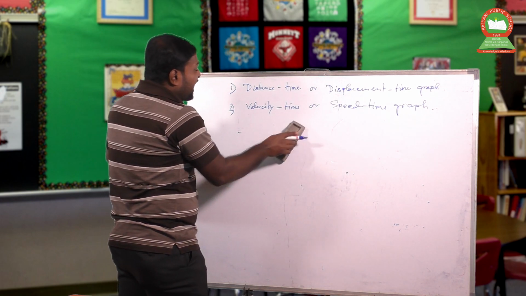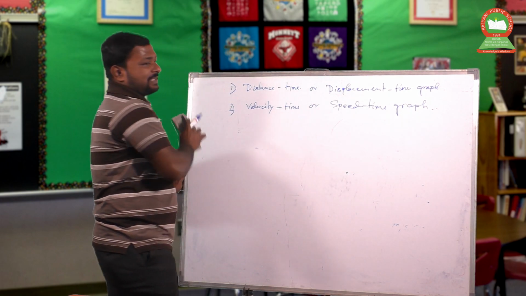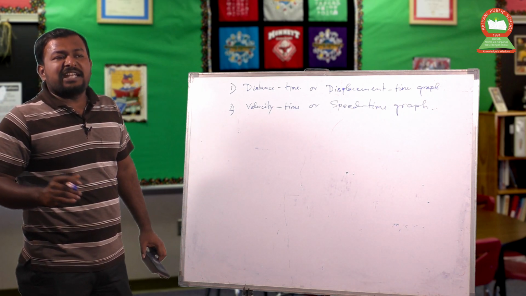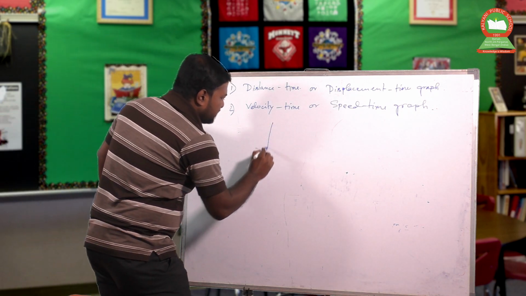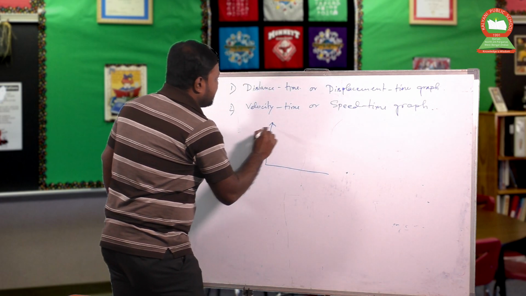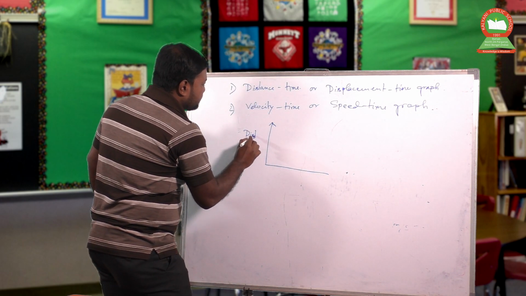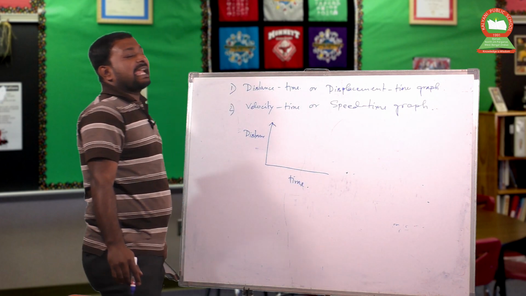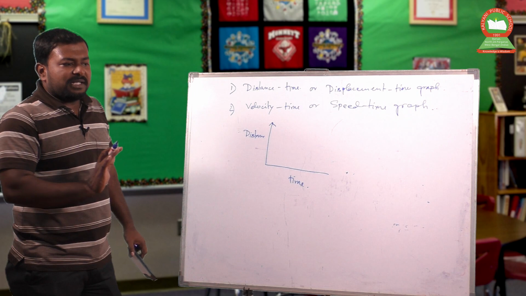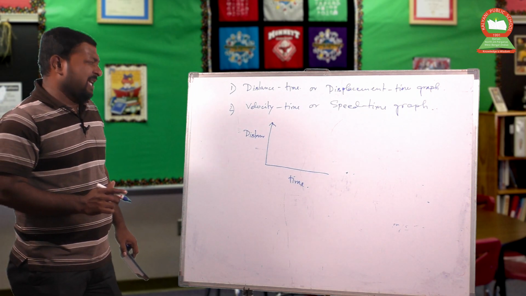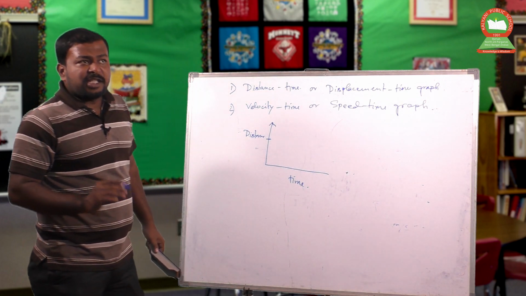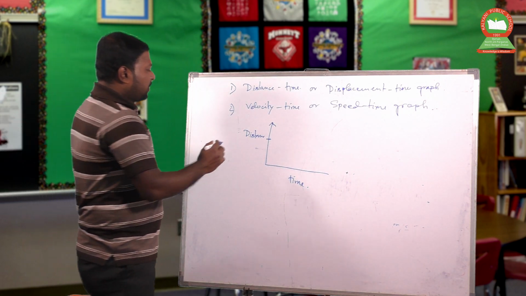Now if the body is at rest and we have to draw the distance-time graph, what is the nature of the graph? Suppose this is a distance-time graph and the body is at rest. That means the body doesn't change its position. Initially the body is 5 meters from the origin.